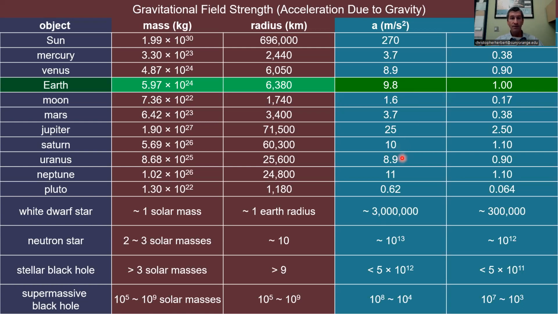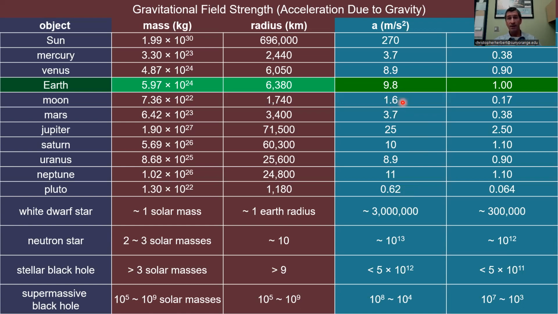In fact, Uranus and Neptune are significantly more massive than the Earth, but owing to their lower densities, you would experience about the same gravitational force on Uranus and Neptune. Of course, smaller bodies such as Pluto, which is not a planet, it's a dwarf planet, you would experience a very small amount of gravity, even less than what we experience on the moon.